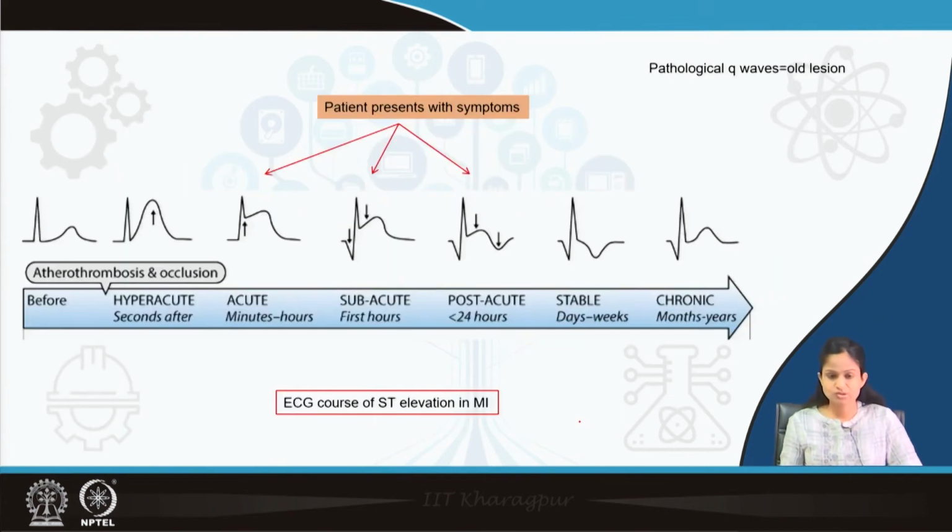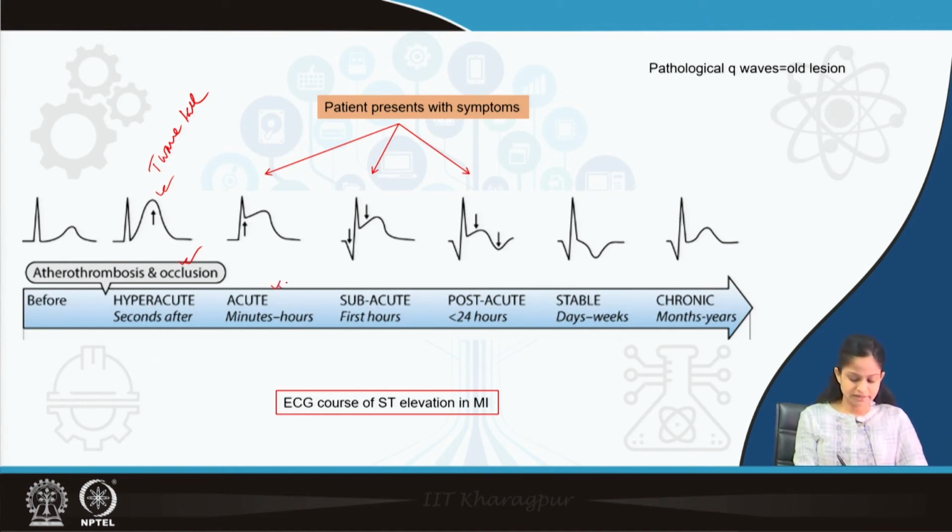So, what is the ECG course of these ST-T changes and the T wave morphology changes in myocardial infarctions? Initially, whenever the occlusion is occurring, there is hyperacute T wave formation. This we can see, the T wave is tall, with hyperacute T wave formation without any ST-T changes.